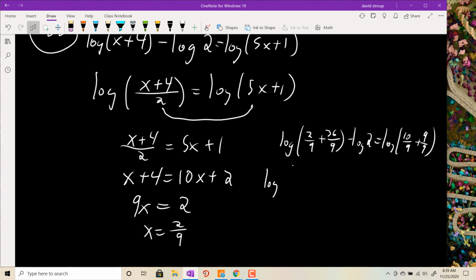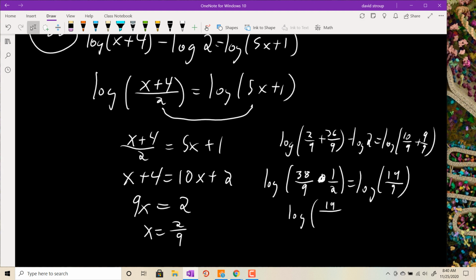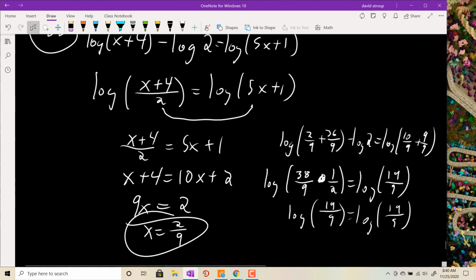This will be log of 38/9 minus log of 2, which will be the same as dividing this by 2, which is the same as multiplying by 1/2. Over here I have log of 19/9, and then I have log of 19/9 equals log of 19/9, and that one works. Okay, so your answer 2/9, great.